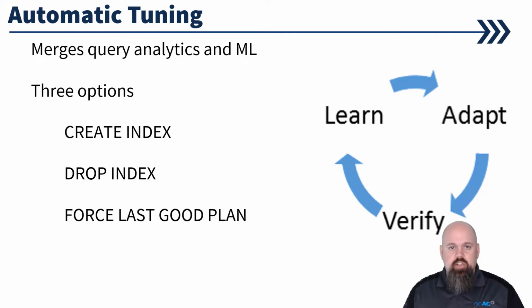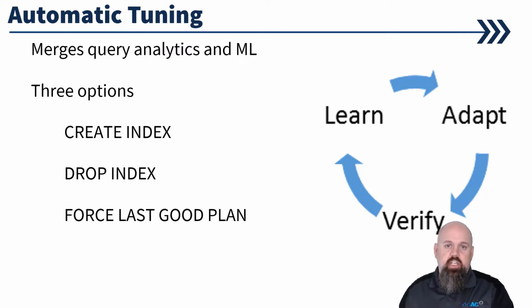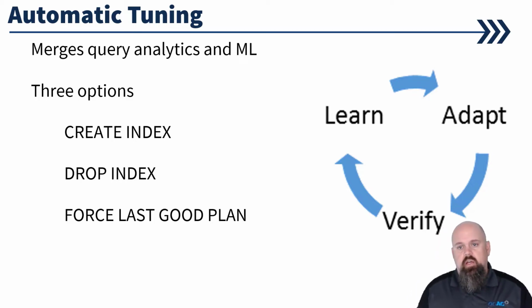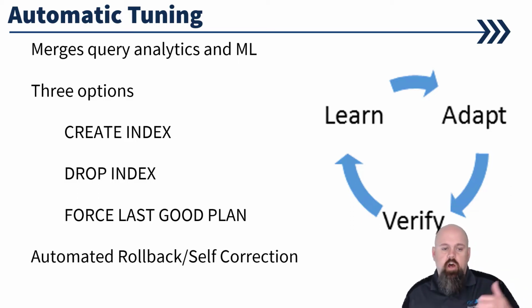The index operations, the create and delete, are not available to you on premises, in part because we don't have access to the machine learning that we need to be able to make those smart decisions about our workload to see if we actually need to create an index or drop an index. The other cool thing about the automatic tuning is that we can actually do some automated rollback and self-correction.